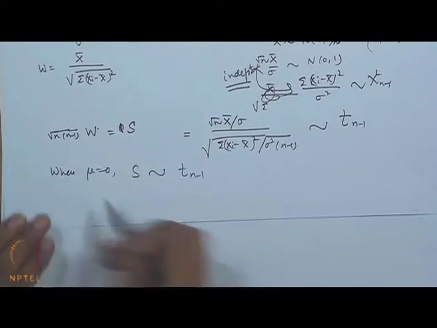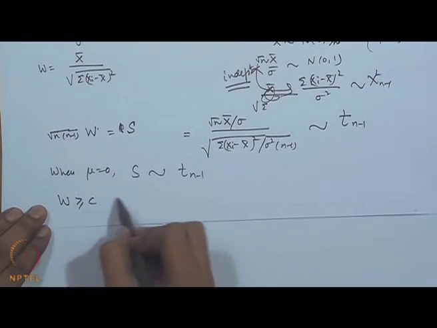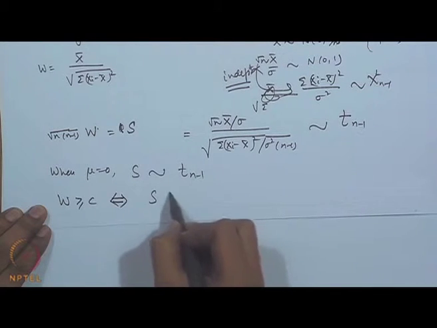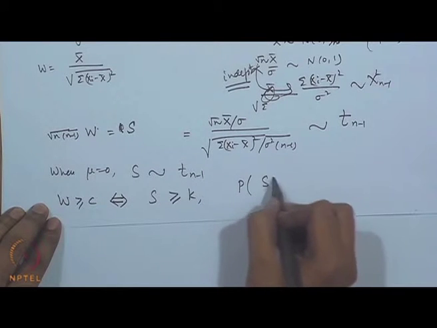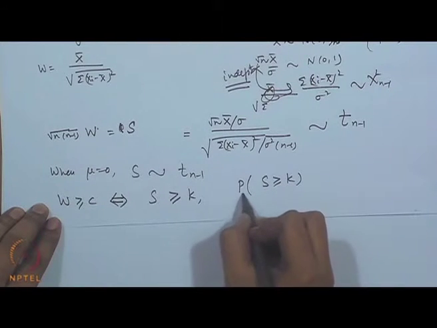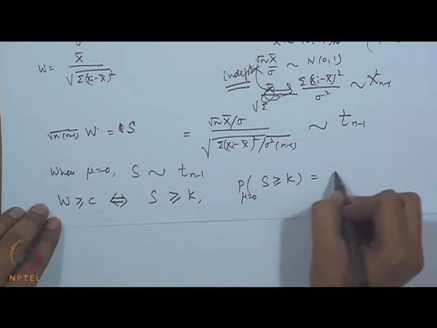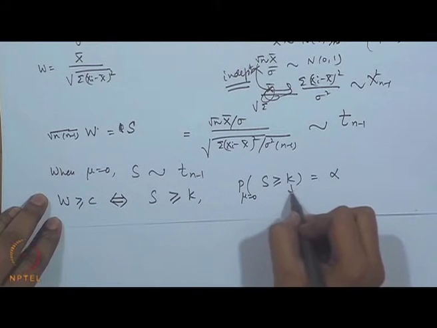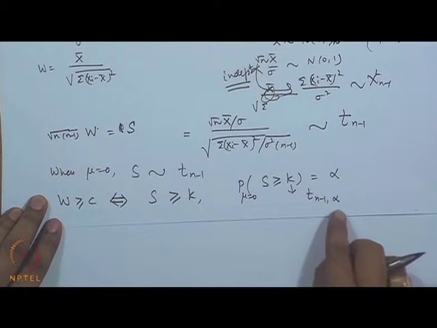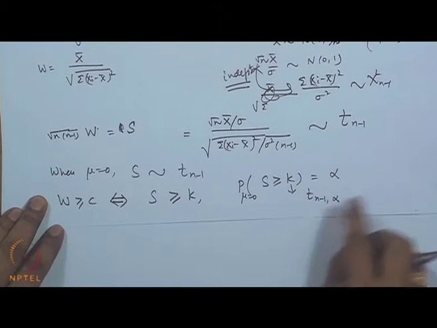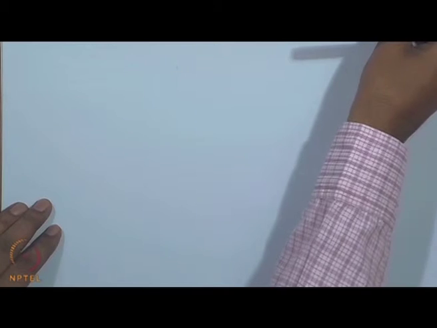So, the region W greater than or equal to C is equivalent to S greater than or equal to some k, where probability of S greater than or equal to k when mu is equal to 0 should be equal to alpha. That means, k value is nothing but t n minus 1 alpha, that is the upper 100 alpha percent point of the T distribution on n minus 1 degrees of freedom. So, the exact test has been derived.